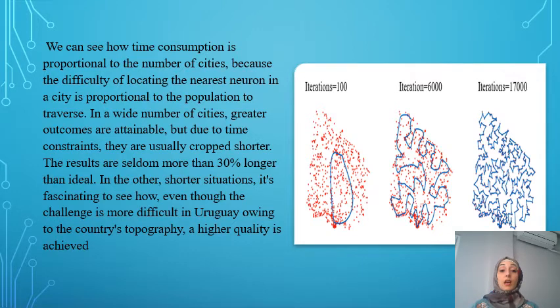The results are seldom more than 13% longer than ideal. In the other, shorter situations, it's fascinating to see how even though the challenge is more difficult in Uruguay because of the country's topology, a higher quality is achieved.